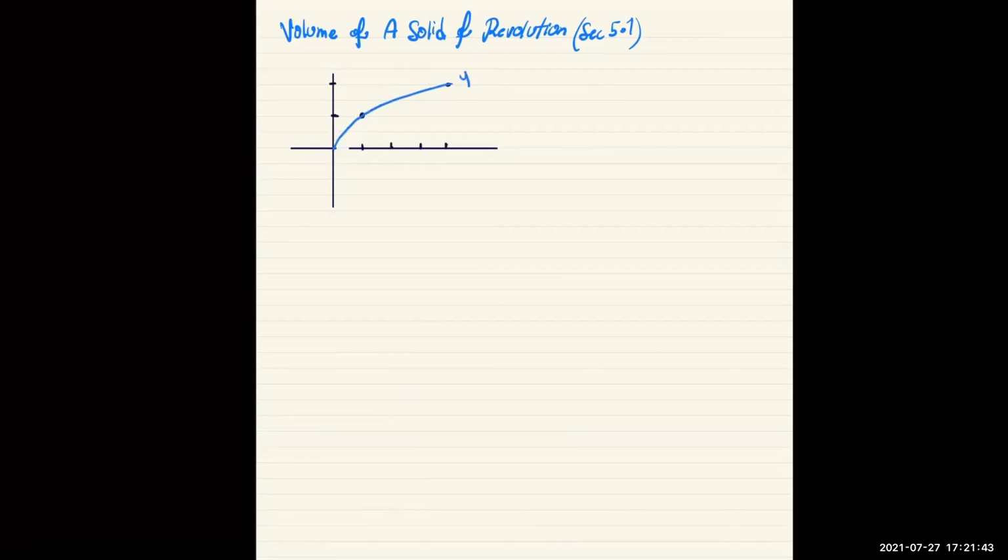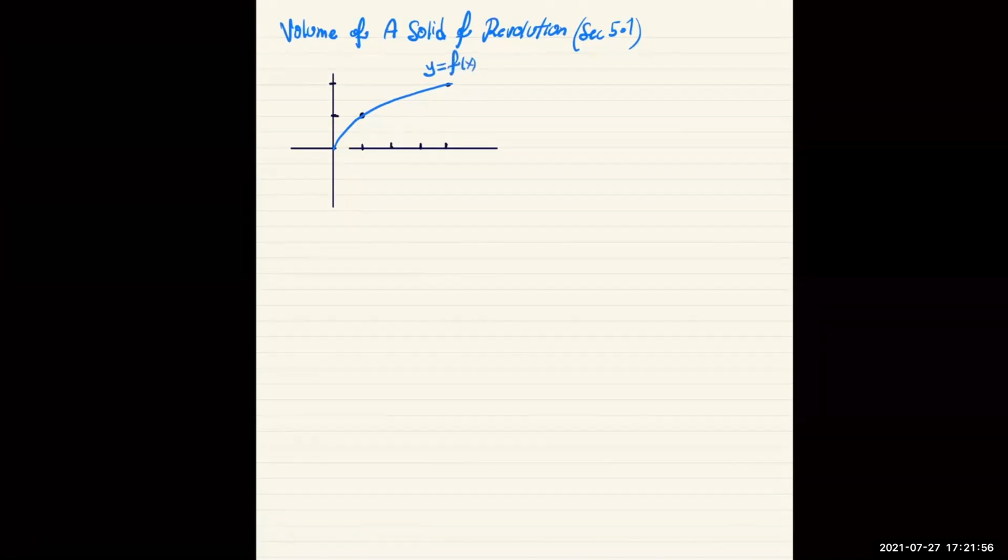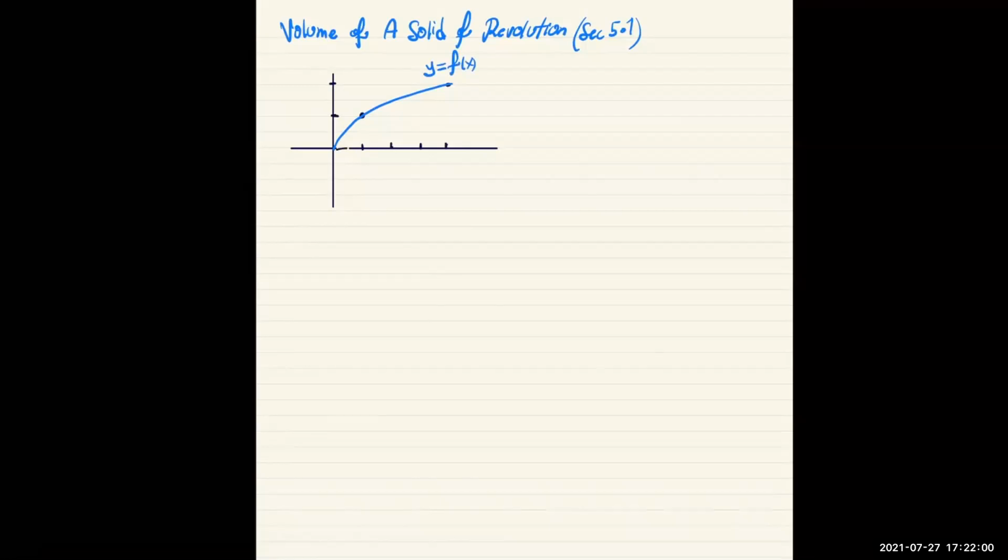So that's y equal to square root x. Or you know what, let's just call it y equal to f of x. Let me generalize, okay? And it's going from a to b. Let's just say 0 to 4 for now.